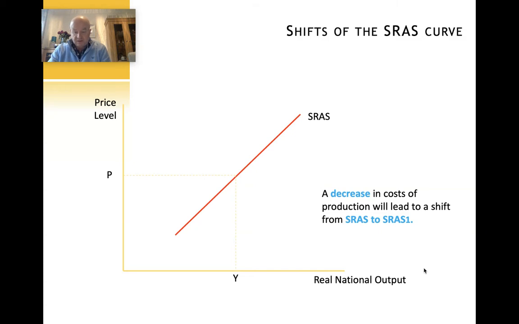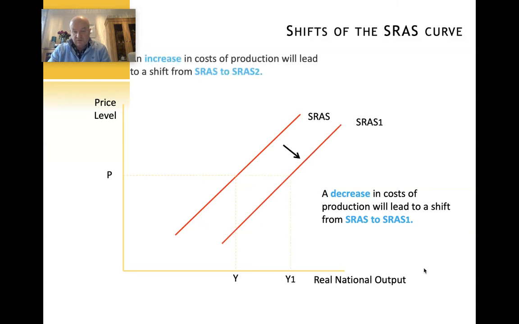So if we have a decrease in cost of production, that means that producers can produce stuff for less. We're going to get a shift to the right from SRAS to SRAS1, and that effectively means that we have greater capacity in the market.